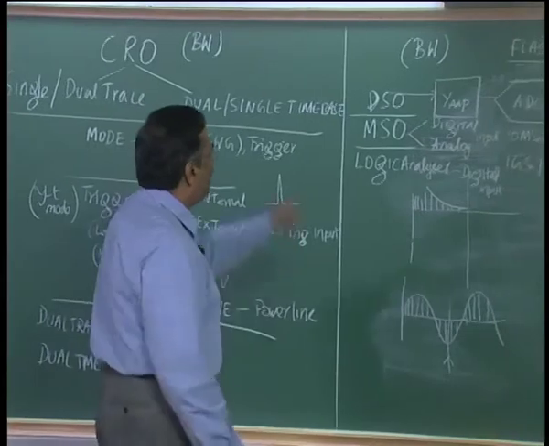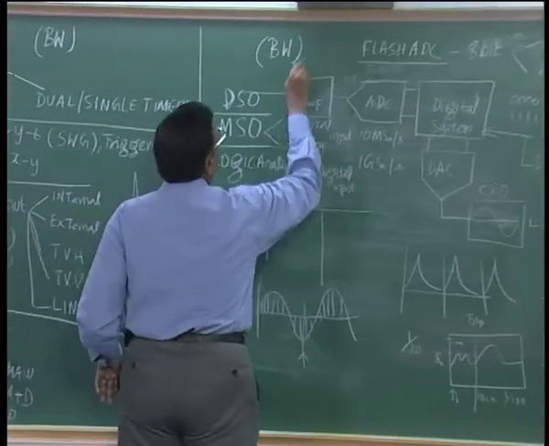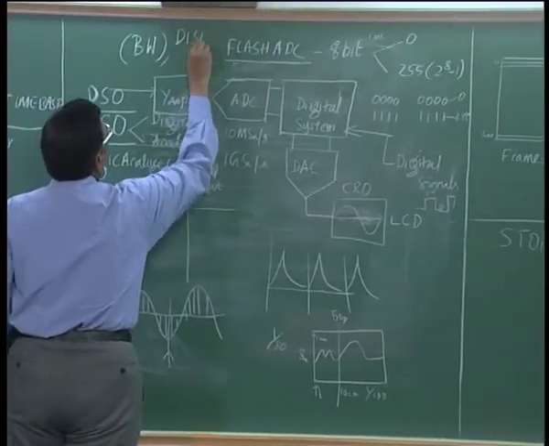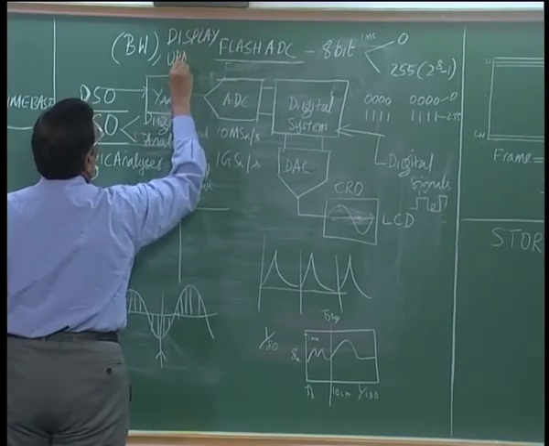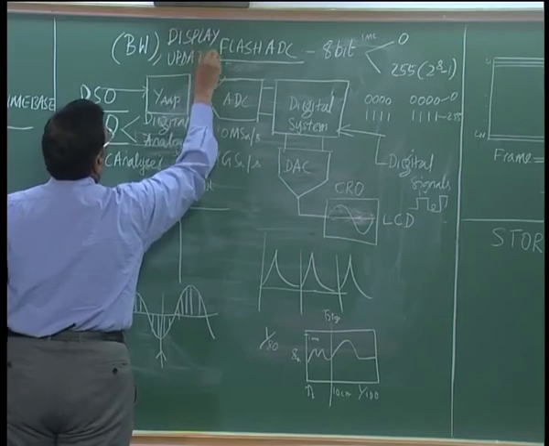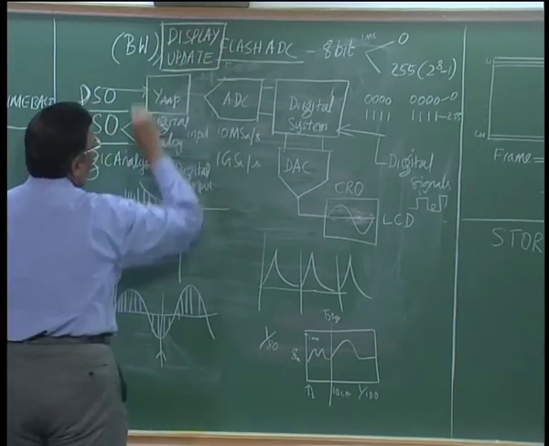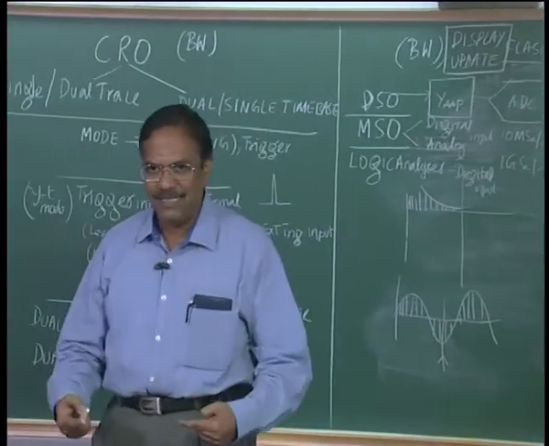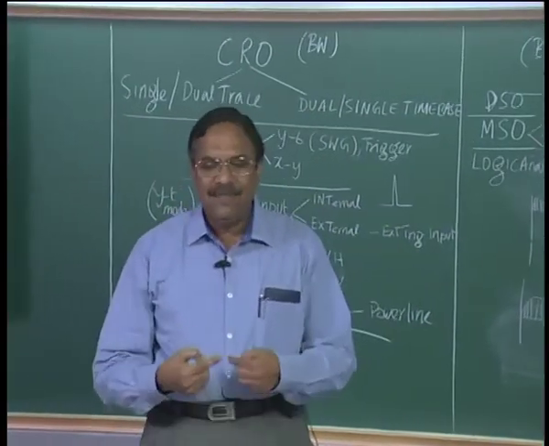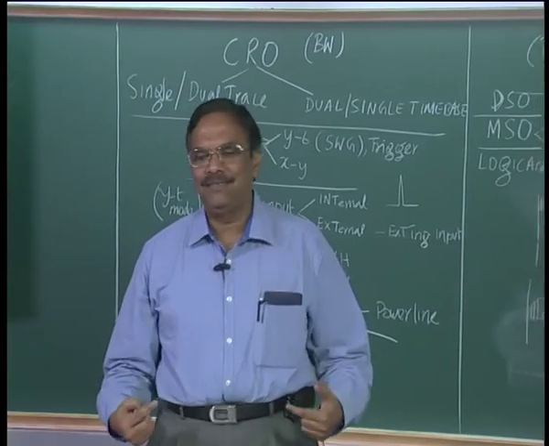So apart from the bandwidth we need to look at the display update rate. The display update rate tells you how fast your display is replenished, so that you can see things that are happening in a dynamic manner, right.